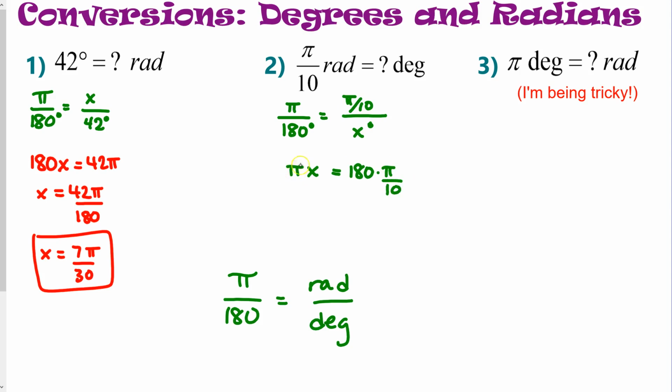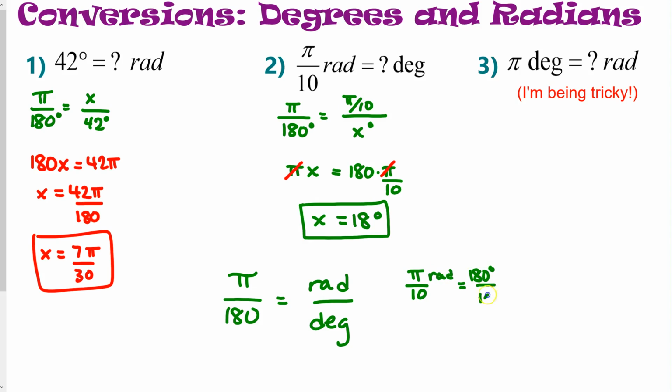So you can divide both sides by pi, and then what you have left is x equals 180 over 10, so x is 18 degrees. Now you could actually do that one without the proportion if you just think of pi over 10, pi radians over 10 as 180 degrees over 10. So all you do is substitute 180 degrees in place of pi. That would be faster.